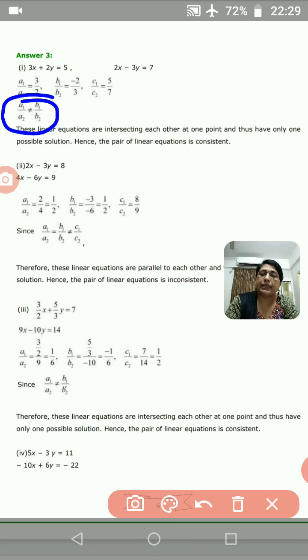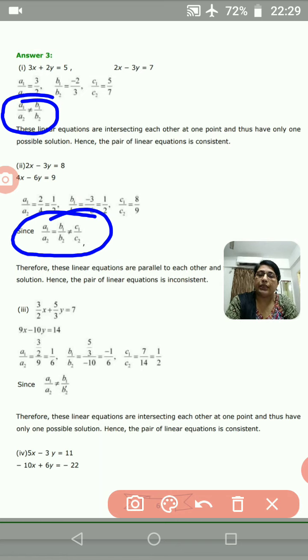They are intersecting, they have a unique solution, and are also consistent. Second question: A1 upon A2 is equal to B1 upon B2 but does not equal C1 upon C2. So we can say that they are parallel lines, no solutions are there, inconsistent.